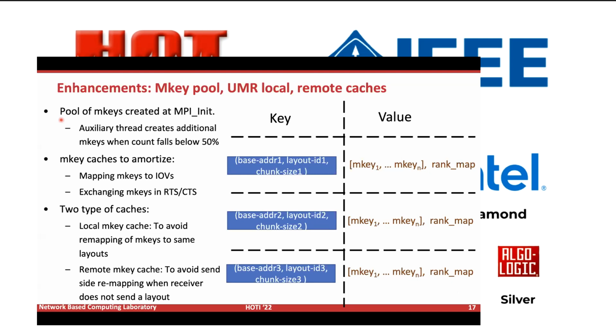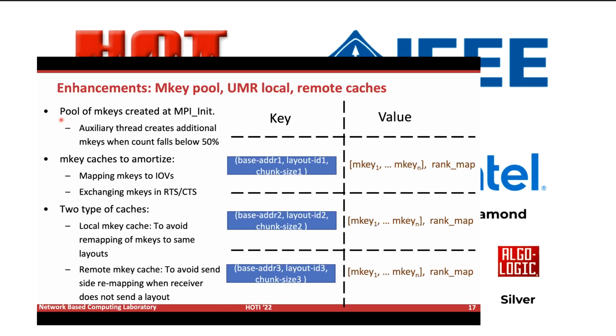And an auxiliary thread adds more M keys to that pool whenever it finds that the count of that pool is reduced to 50%.